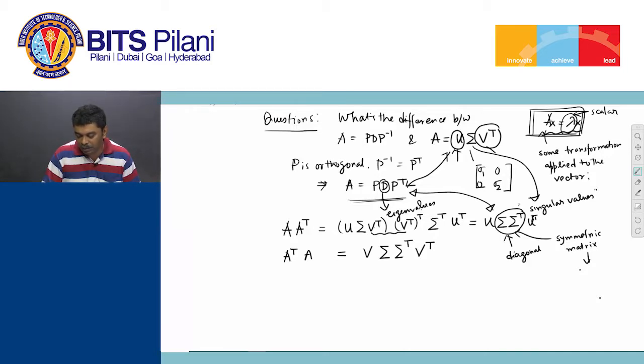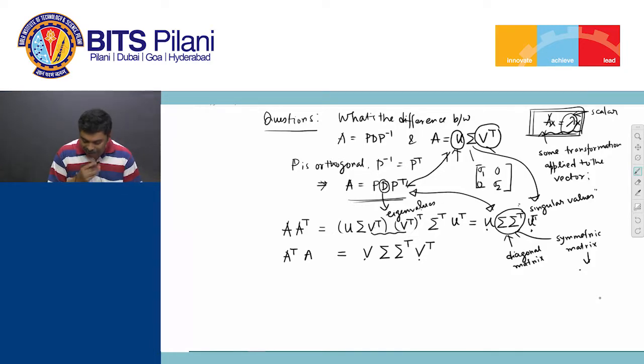So you now start observing the similarities between the two decompositions, right? So this guy is also a diagonal matrix, and these guys V transpose are the same, right? Here also U transpose, unlike the initial structure where you have a different matrix on the left and a different matrix on the right.